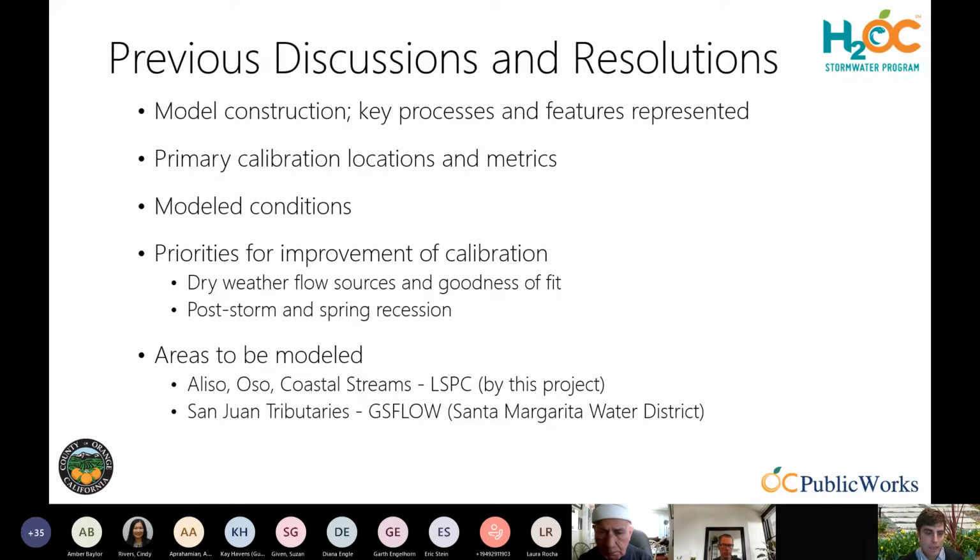We'll get back into those. And then notably in June, we heard from you about what you saw in the calibration, which matched a lot of what we saw in the initial calibration: areas where we could improve, some areas where we questioned the reliability of the model a little bit, and could see some better fit.